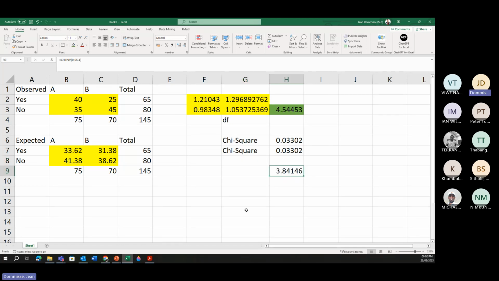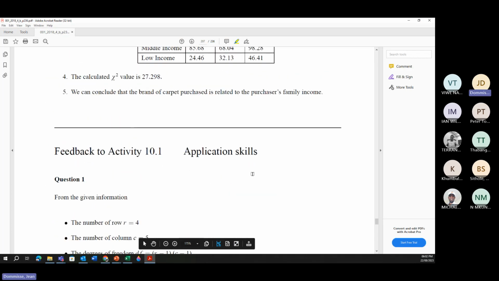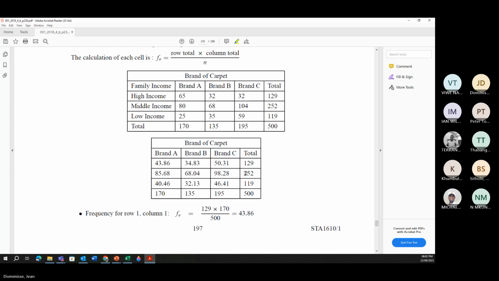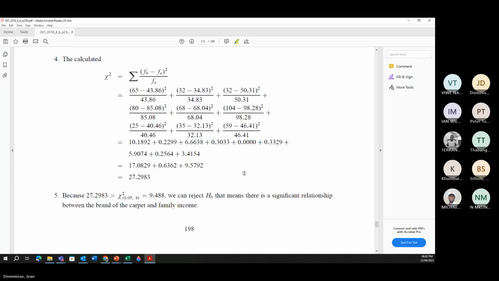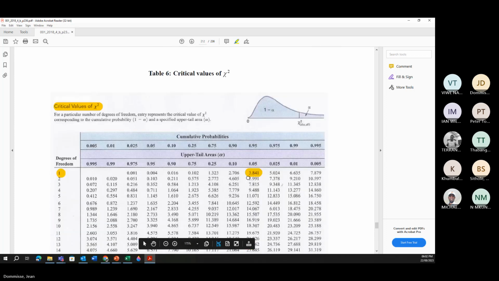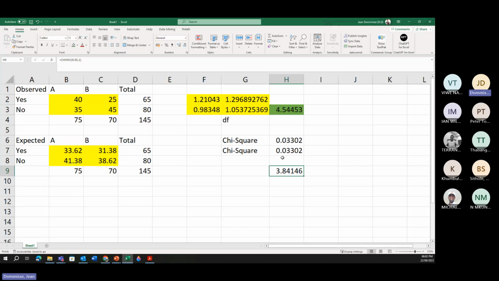Okay, so that was the 0.84 that we have in our table. Okay, so we've got that at least.